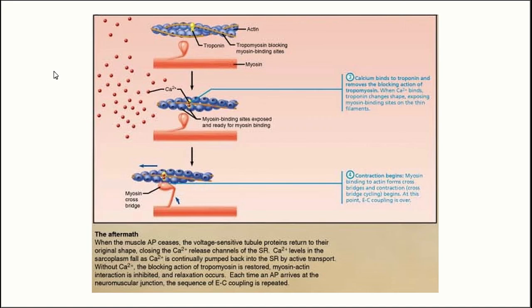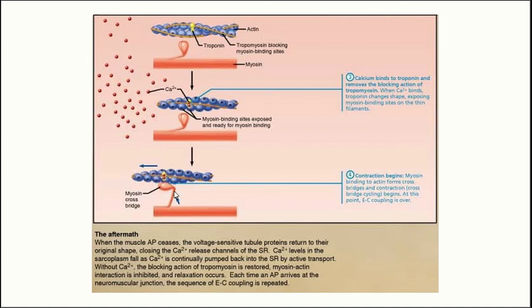When calcium is present, though, calcium binds to troponin, troponin changes shape, and that moves tropomyosin along with it. And so when the muscle is contracting and calcium is present, myosin is then able to bind to the actin proteins on the thin myofilament and start to pull.